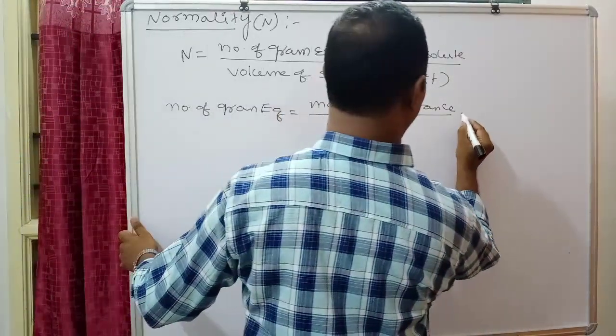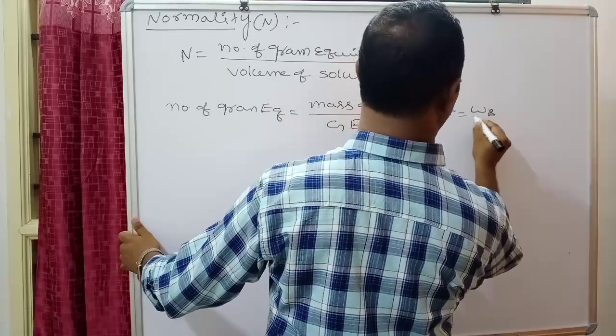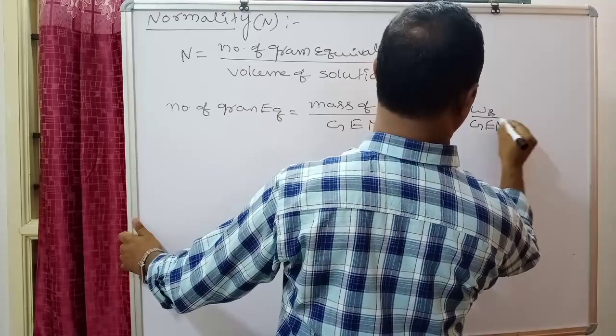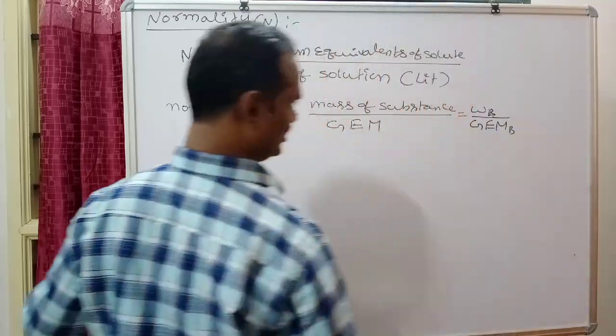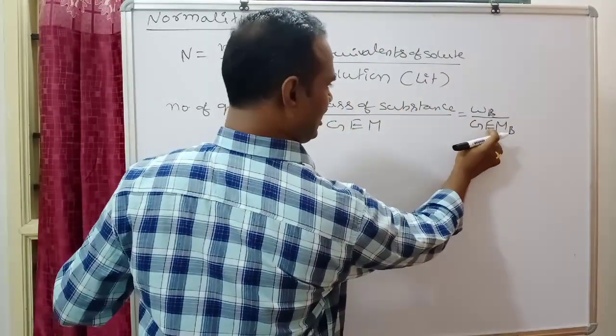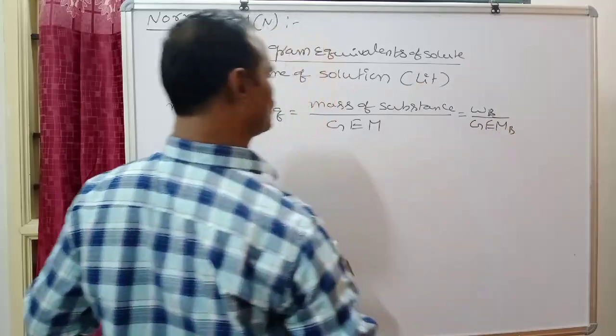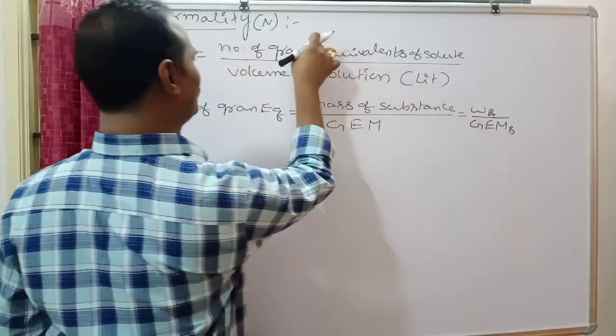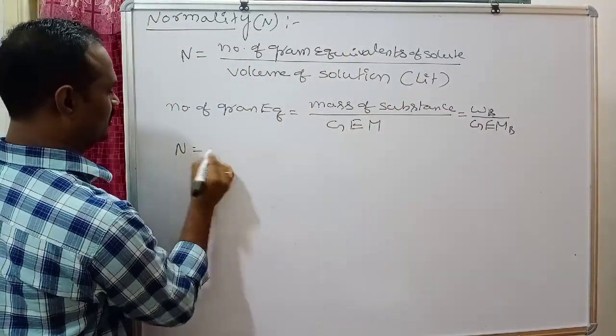Simply we can write it as WB by gram equivalent mass of solute, where B indicates solute. This we have to substitute here.